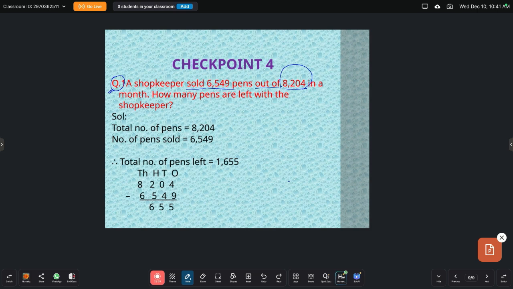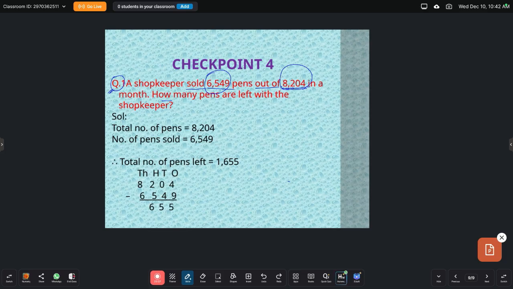Here, he has the total number of pens, 8,204. So, out of 8,204, this is the total number of pens that a shopkeeper is having in his shop. So, this is the total number of pens, and out of these pens, he has sold 6,549 in a month.